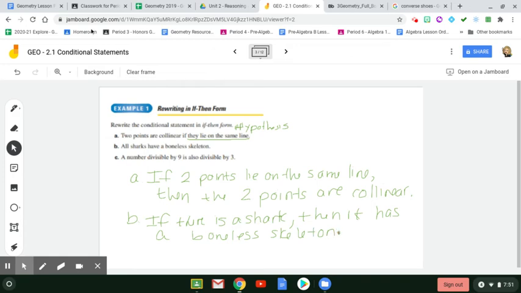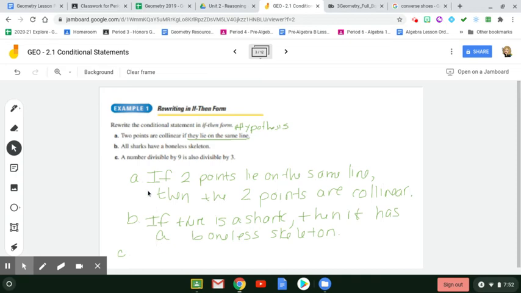That one didn't have the if in the front. So I'm assuming that the hypothesis would be that we're starting with a shark to begin with. So if we're starting with a shark, then I'm assuming that the conclusion would be that it would have a boneless skeleton. So let's take a look at part C.